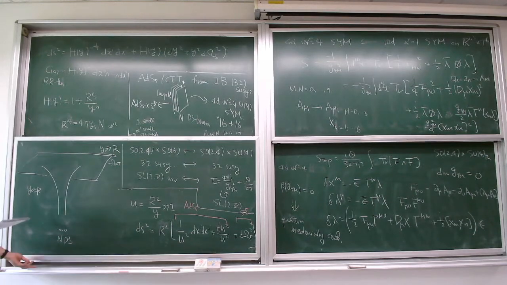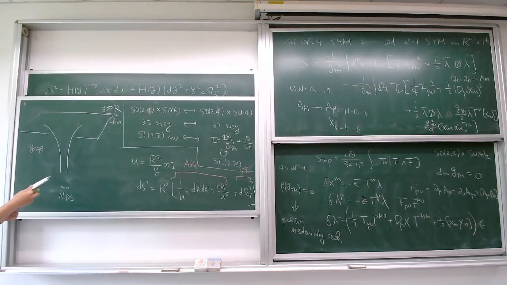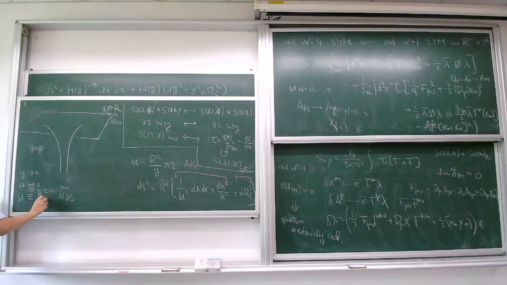And then if you take the following limit, y goes to 0, and alpha prime goes to 0, and u, taken to be R squared over y, is fixed. Even though it's very large, it's fixed.